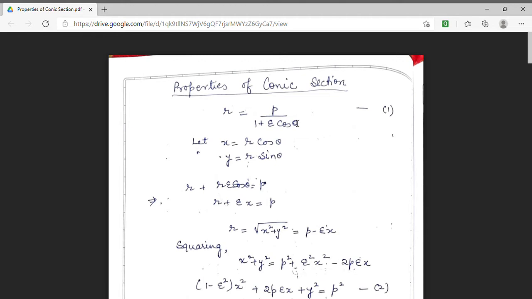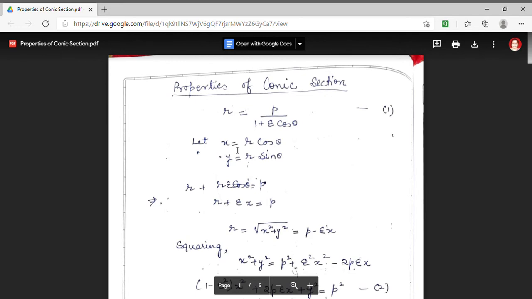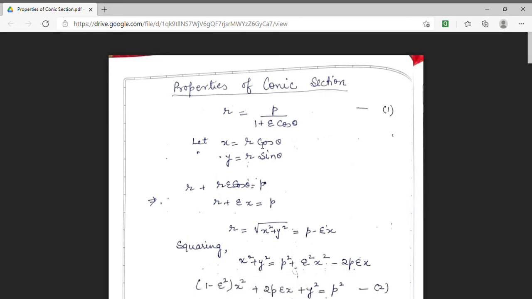So in order to explore the shape, I am solving this expression r equal to p upon 1 plus epsilon cos theta. I am changing the basis of description from polar coordinates with origin at focus to Cartesian coordinates. In order to solve this, I have substituted x as r cos theta and y to be r sin theta.